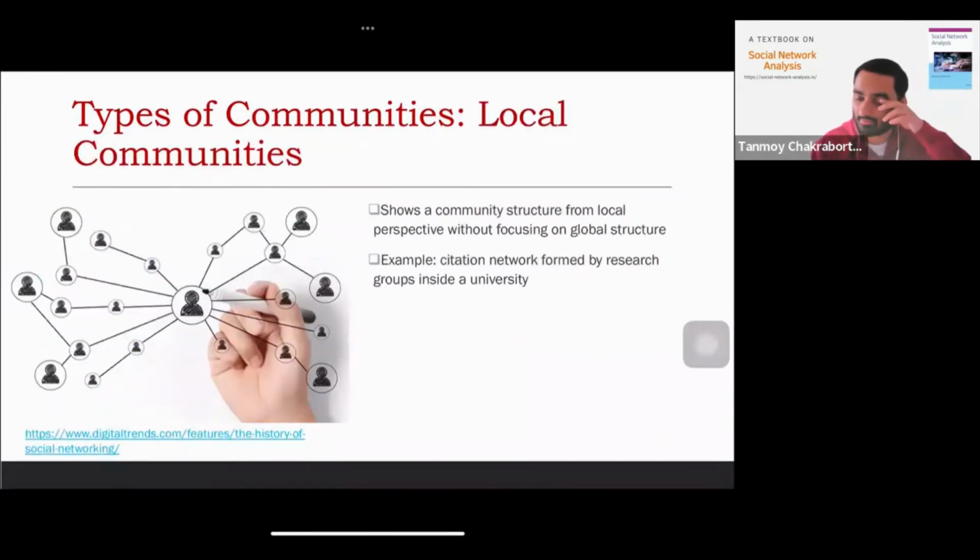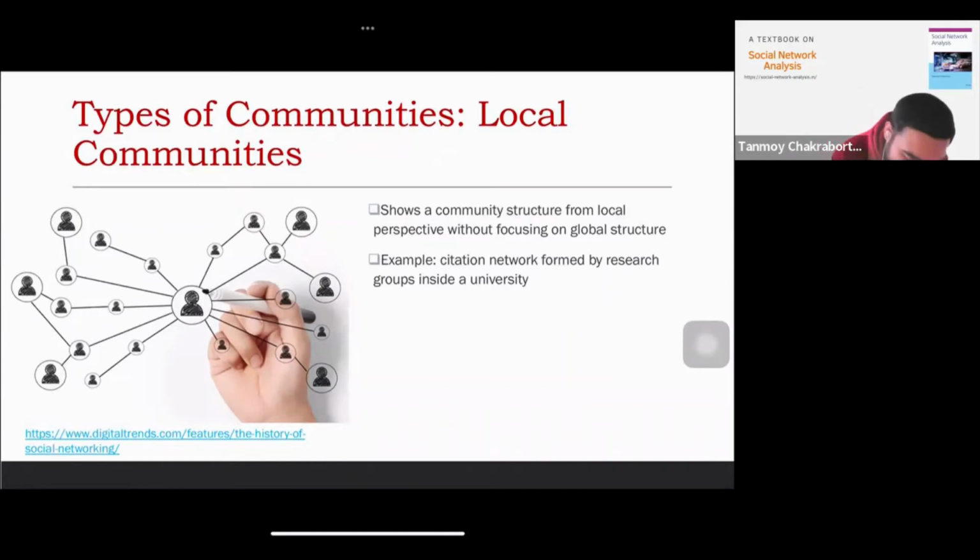Local community is not really a type of community, but when we talk about local community, we only look at a particular node. The question we ask here is: given a node, can you tell me which community this node belongs to? Or given a node, can you tell me who the other members are of the same community this node belongs to?